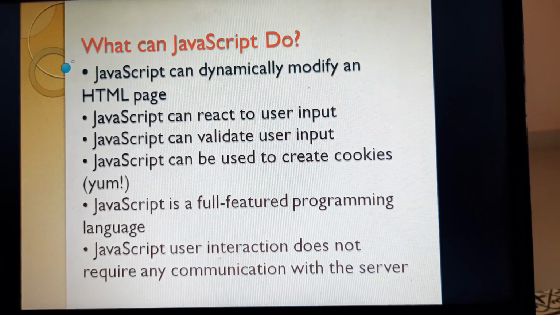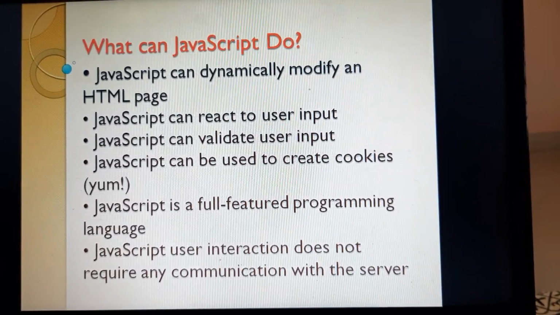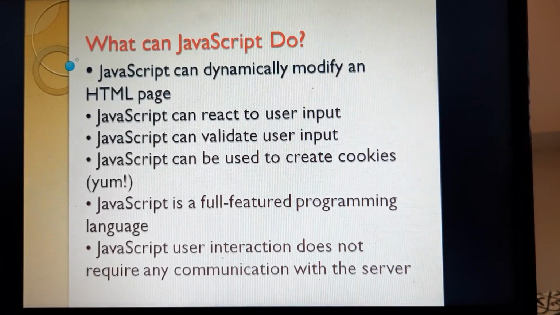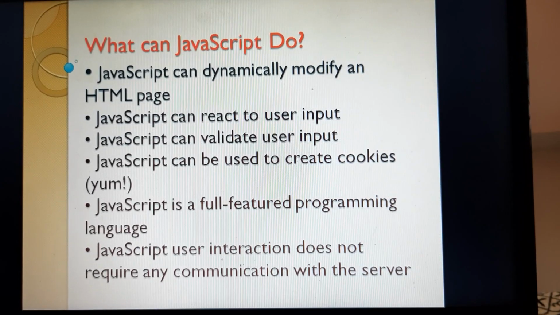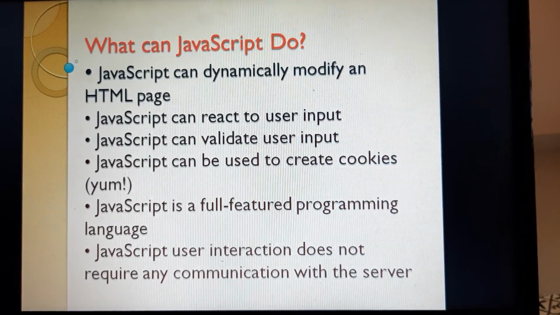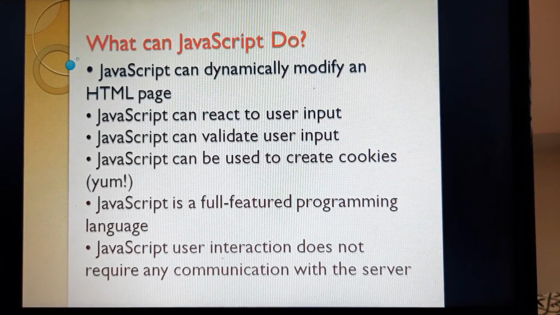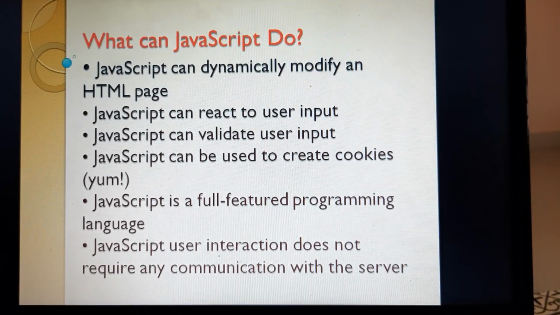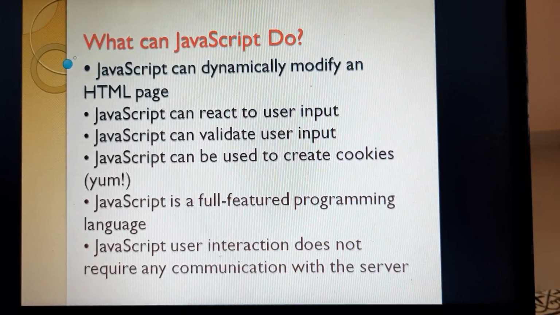JavaScript can react to user input. When you create a form and input a value, JavaScript will react to the user inputs, and similarly it validates the user input. JavaScript can be used to create cookies.